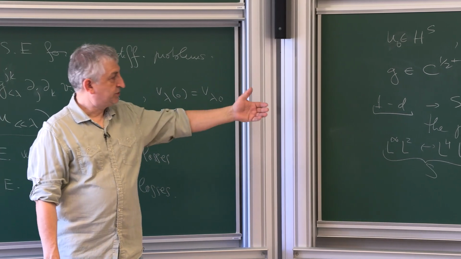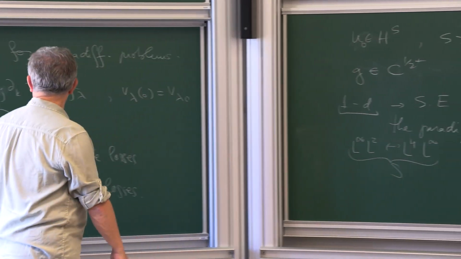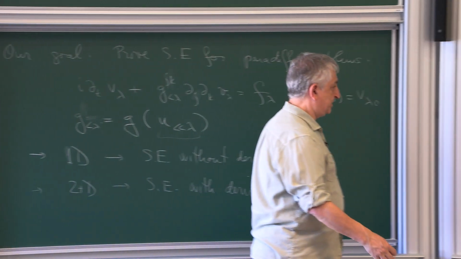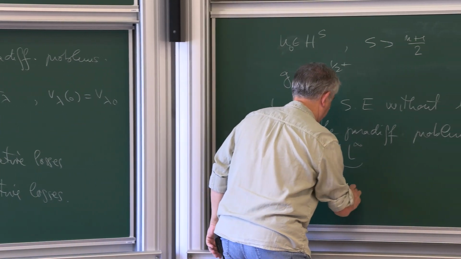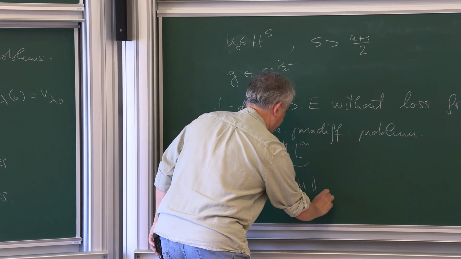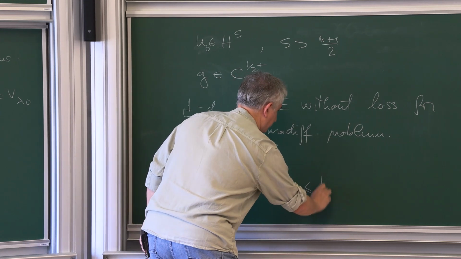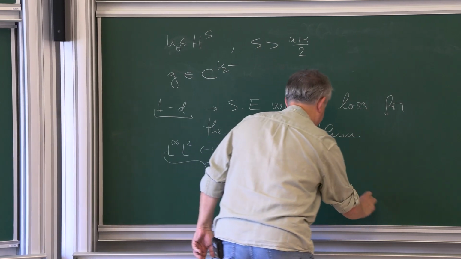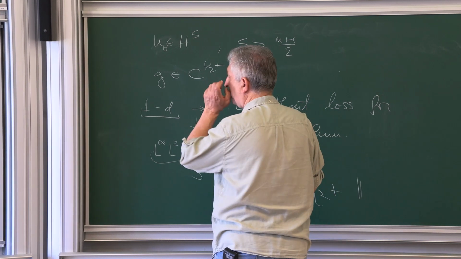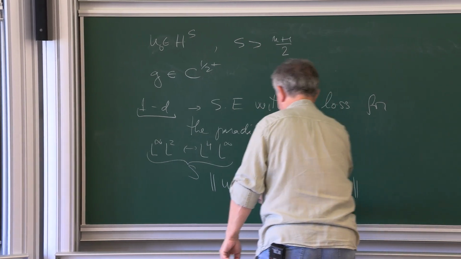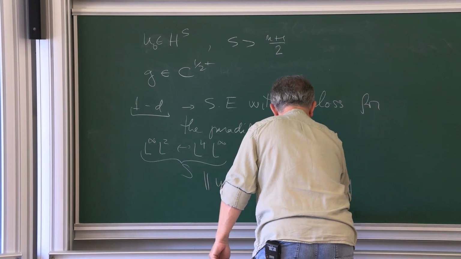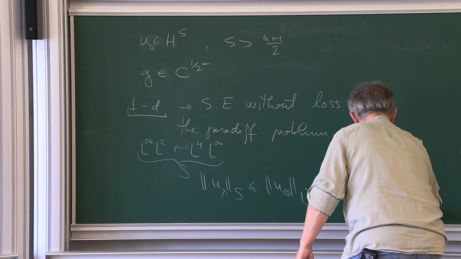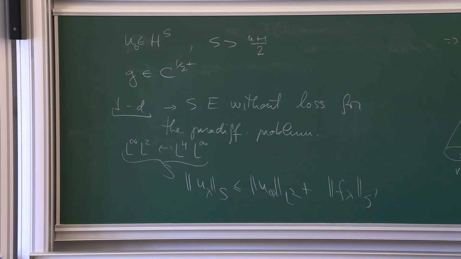And if I want to write down a Strichartz estimate without loss for this inhomogeneous problem that you have in here, that could be something like norm of U in the Strichartz space smaller than norm of U0 in L2 plus norm of F lambda in the dual Strichartz space.